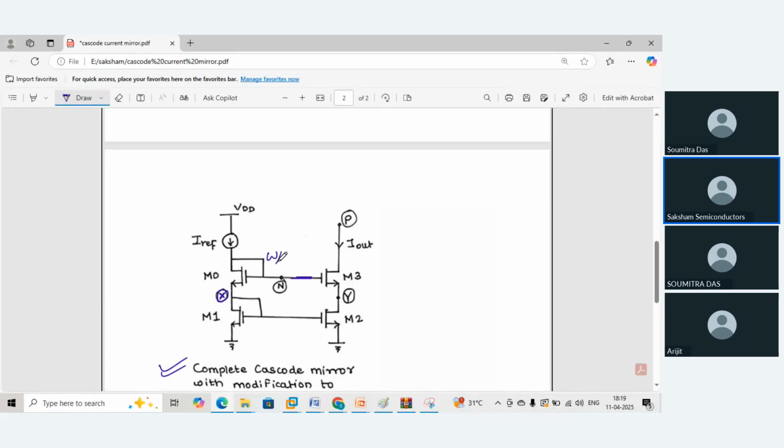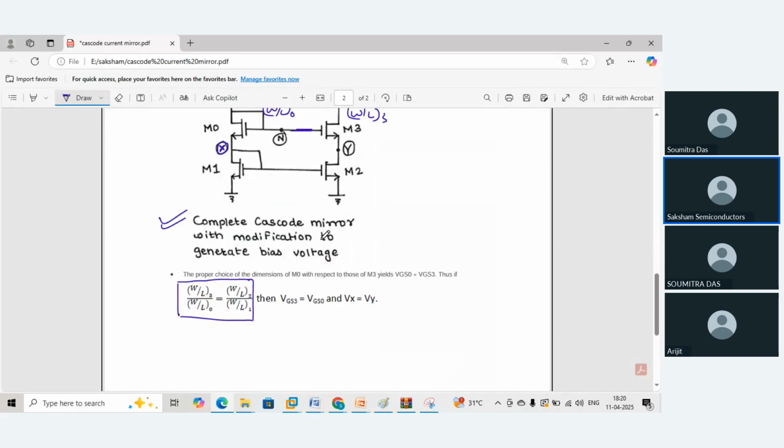Hence, if I make the W by L ratio of the 0 transistor and the W by L ratio of the third transistor the same, the current here is the same. Depending on that current, the constant voltage is provided over here. That constant voltage ensures that Vy gets some value, and the same value is populated here as Vx. So thereby Vx is equal to Vy.